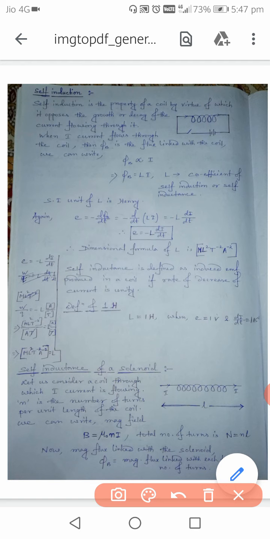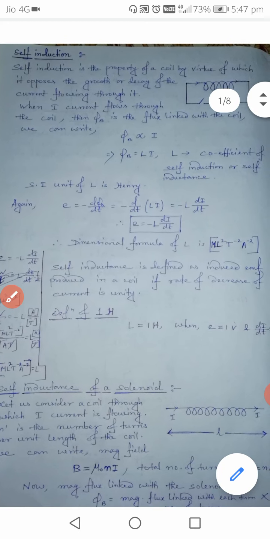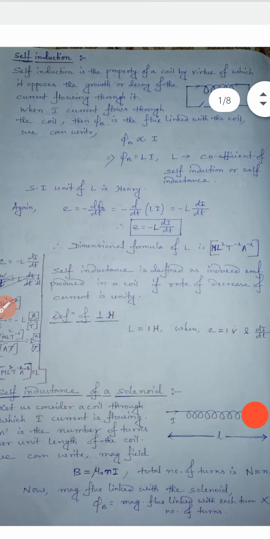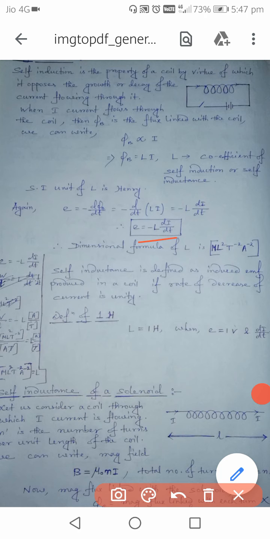It's written there. Okay, now how to define self-inductance. To define self-inductance, again we will take help from this formula. See here, self-inductance L becomes equal to EMF provided the value of di dt becomes unity. In this way we will define. So here I have written self-inductance is defined as the induced EMF, means L becomes equal to E, produced in a coil if the rate of decrease in current is unity.